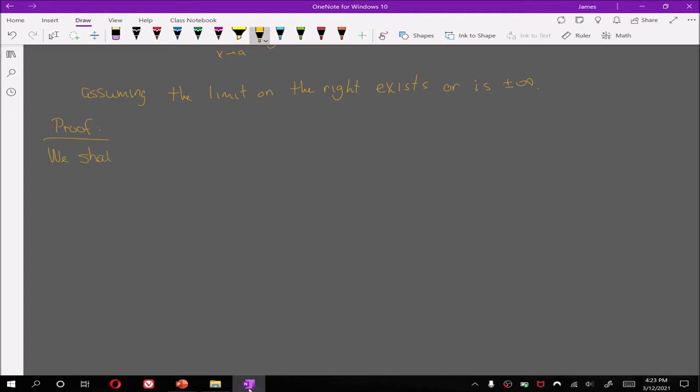For this proof, we shall only consider the special case when f, g, f prime, and g prime are all continuous over an open interval containing the point a.